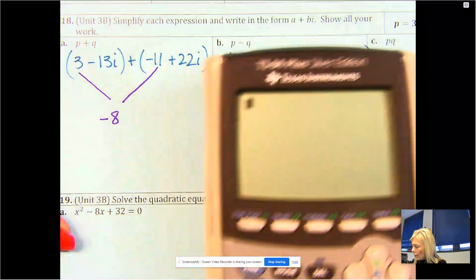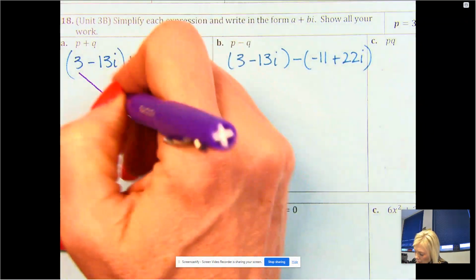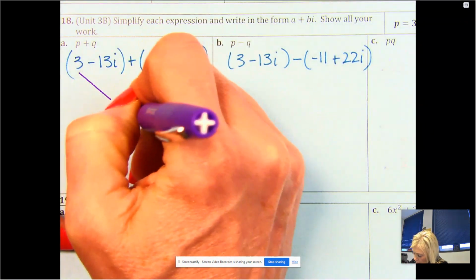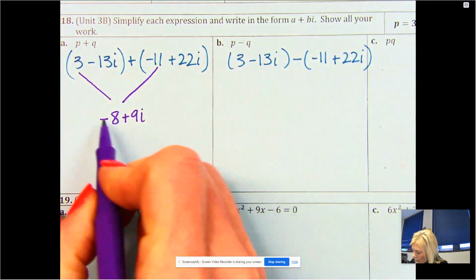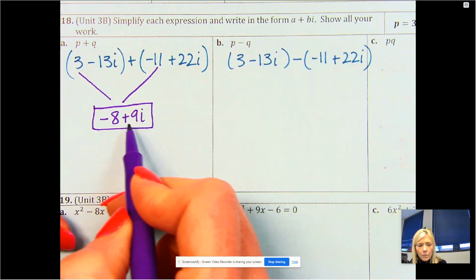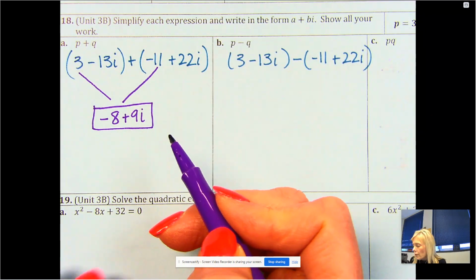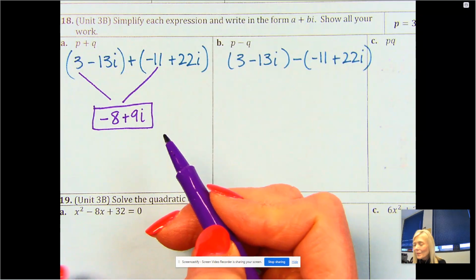Again, if you have a hard time doing this in your head, just use the calculator. It's okay. Negative 13 plus 22 is positive 9. So since it's positive, I'm going to write plus 9i. So that's our final answer. I can't combine them. This is real. This is imaginary. They just come together to make a value, but that's how you write it.